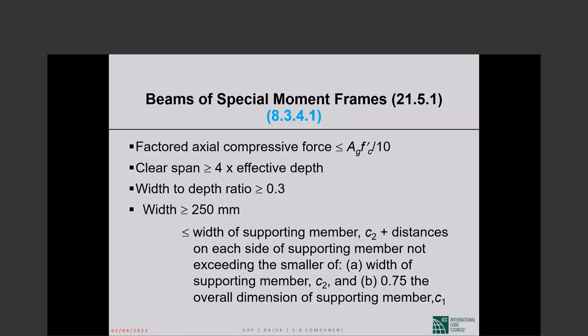If you don't have beams between some columns, without drawing a picture it is very difficult to explain. Your special moment frame will consist of the beams that you have and the columns that you have.